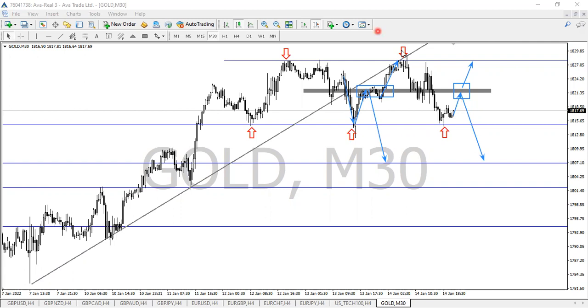Any other pair, guys? Can you please check AUDJPY?